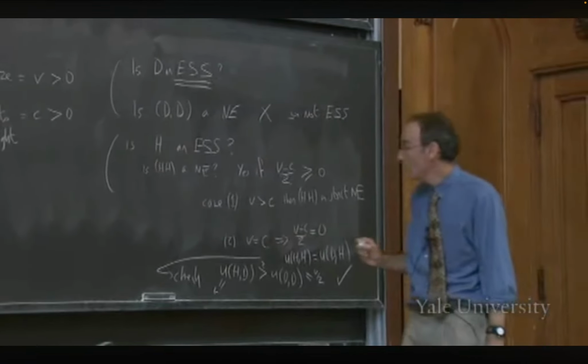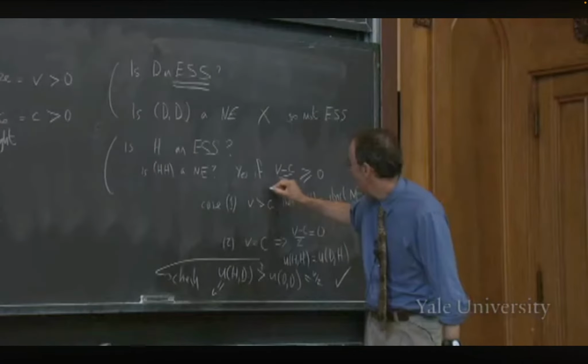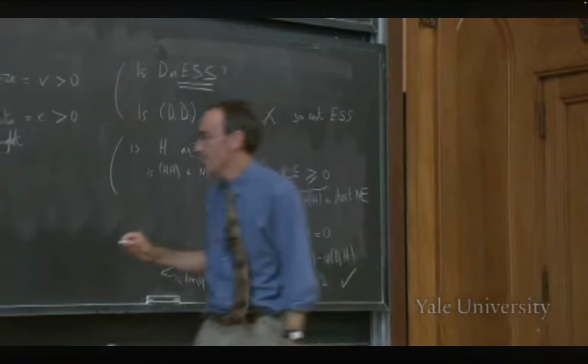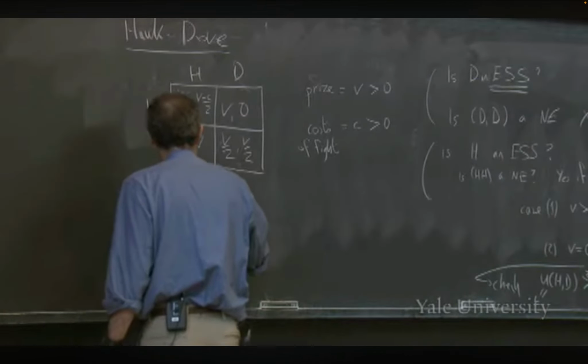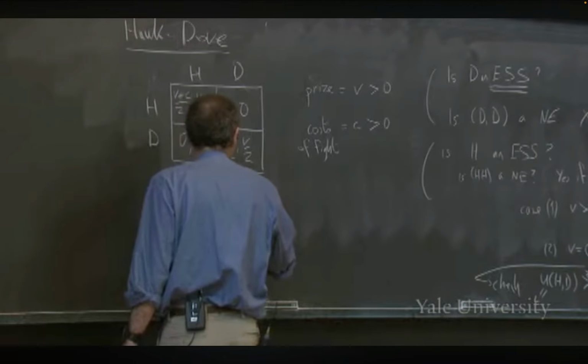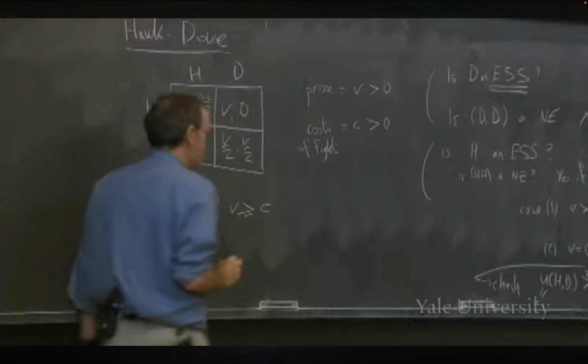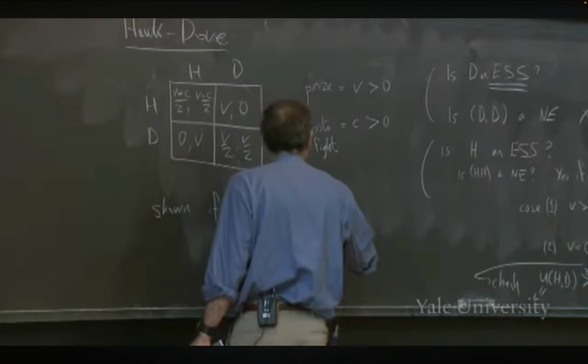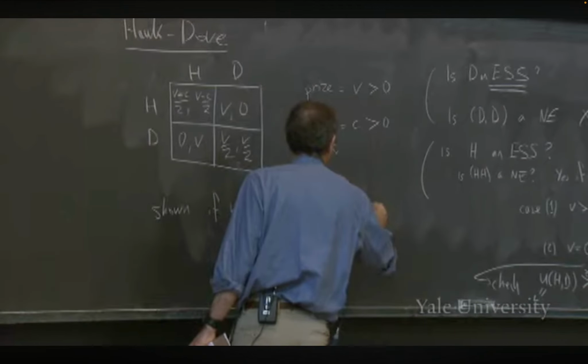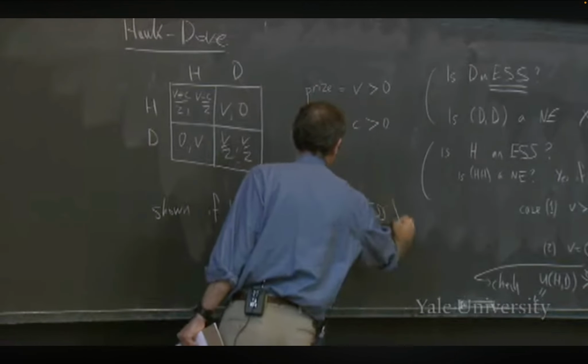So what have we shown? We've shown, let's just draw it over here, that if V is at least as big as C, then H is an evolutionary stable strategy.